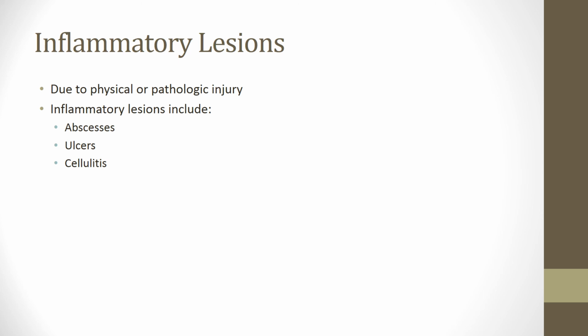Cellulitis is caused most of the time by streptococcus or staphylococcus bacteria, and it's really some type of failure of the immune system, when the opportunistic infection takes over and the immune system fails to protect against the surface pathogen.